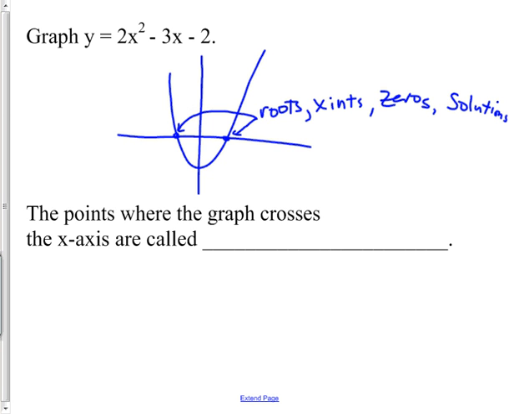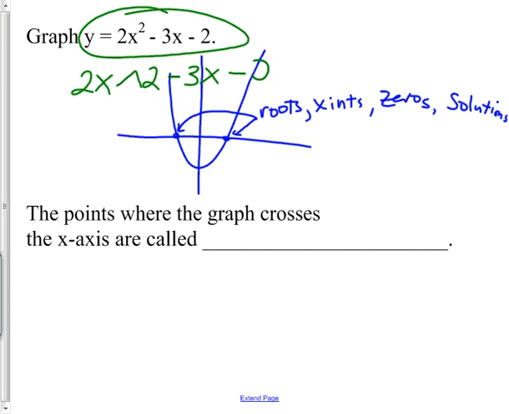Now, only one of those is on the calculator. So I'm going to have you actually type this into your calculator right now. Under your y equals screen, type in that. Remember the little power? It looks like this. 2x to the power of 2 minus 3x minus 2.